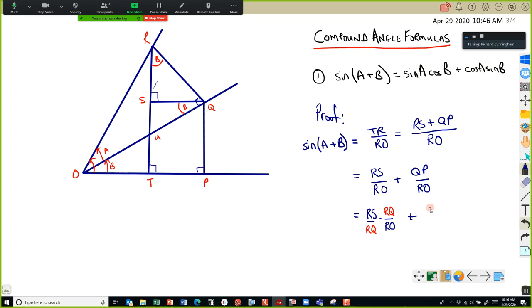So looking at my other fraction, QP over RO, I'm going to think of it the same way. Okay, what does cos of A equal? So here's A again. Jaden, can you tell me what cos of A equals?